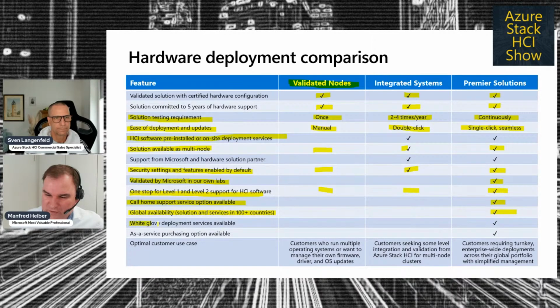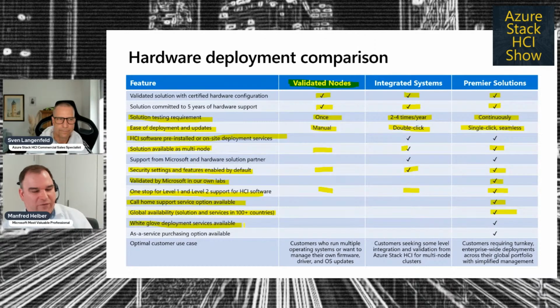White glove deployment services. We know white glove from many other Microsoft products. This means I don't have to get in touch with the system itself, so it can be deployed without getting hands on the system, because everything is managed by the Premier solution provider.